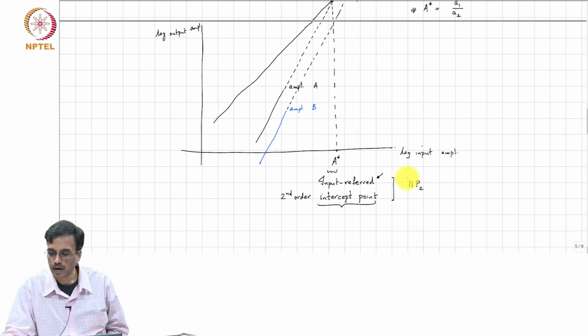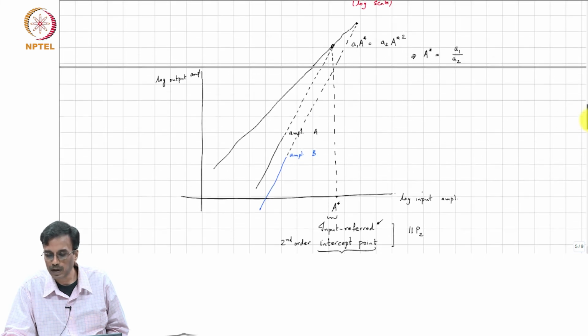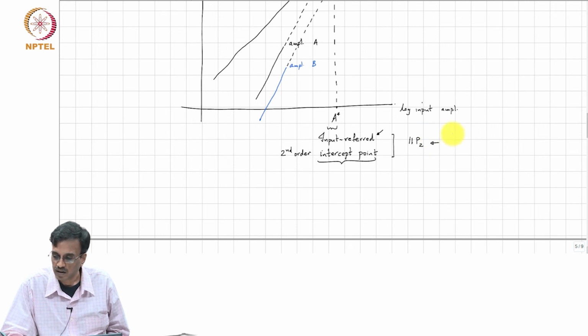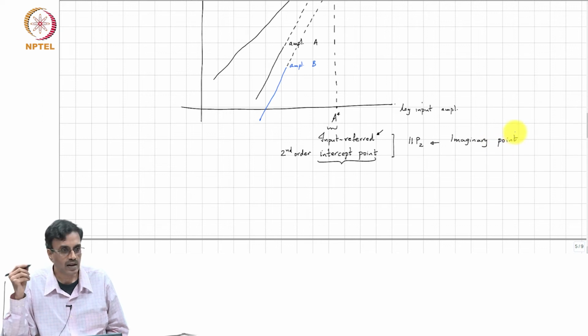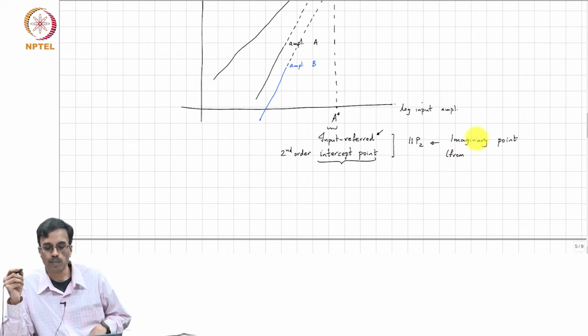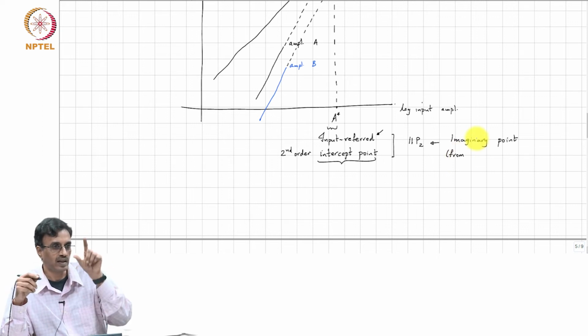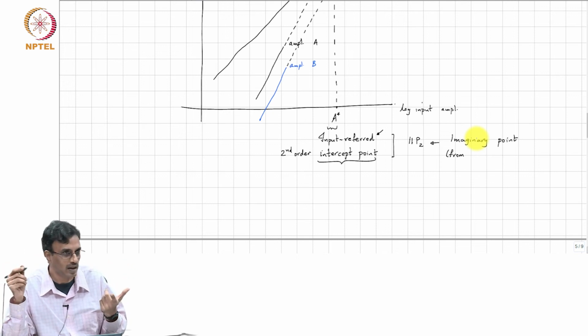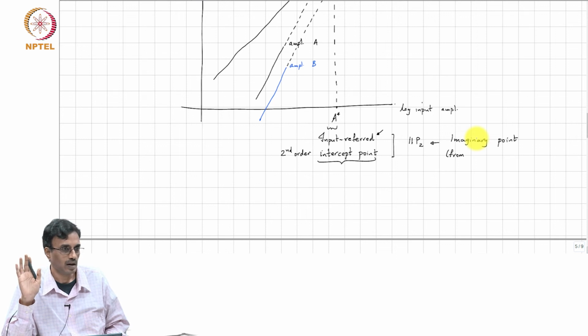So, this IIP2 is basically an imaginary point. It does not mean that you can apply A star and at that point the second order intermodulation will be the same as the fundamental, correct.